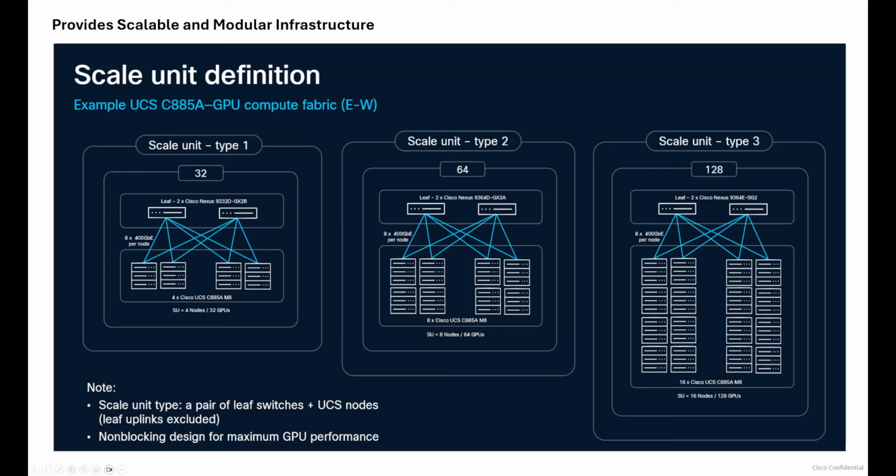So Cisco AI pods offer these modular scale units for predictable and scalable growth. They support a range of hardware, including X series and C series servers.